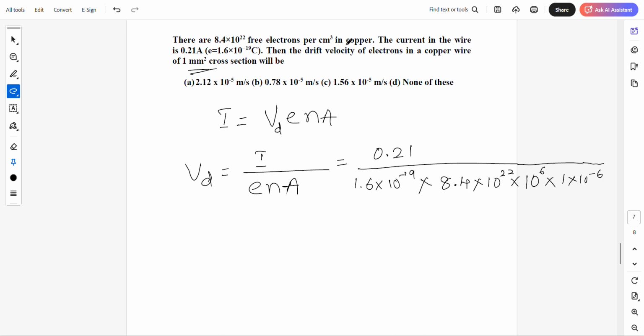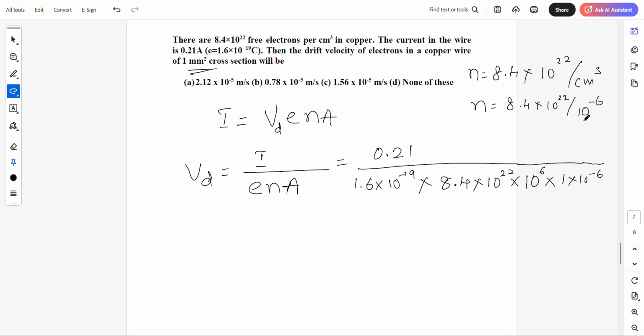Understood? Here n is given as 8.4 into 10 to the power of 22 per centimeter cube. To convert this into per meter cube, 8.4 into 10 to the power of 22 divided by 10 to the power of minus 6.